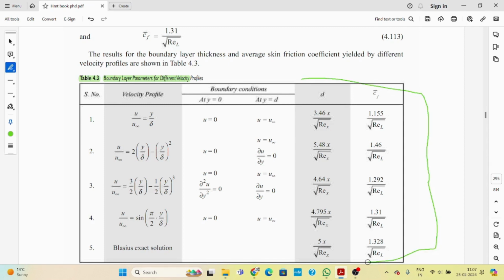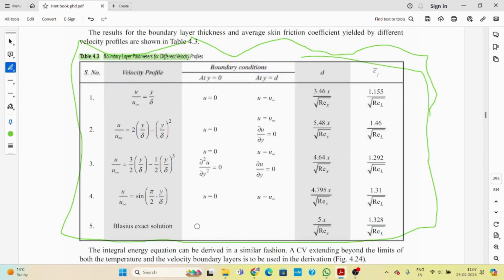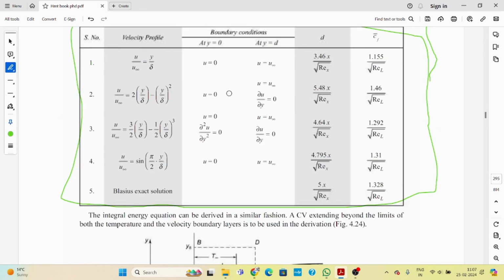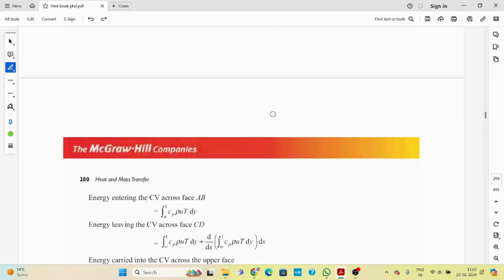You have to remember all the formulas in this table for the solution of the numericals. Here you can see the Blasius exact solution for that case: 5x upon root Re and 1.328 upon under root Re. Here delta is the boundary layer thickness and Cf is the coefficient. You have to remember this, and based on the velocity profile you can use the formula.